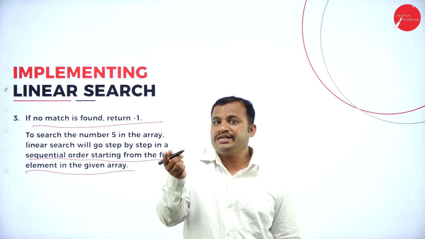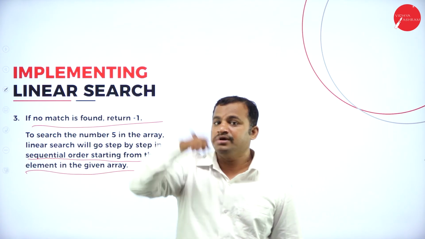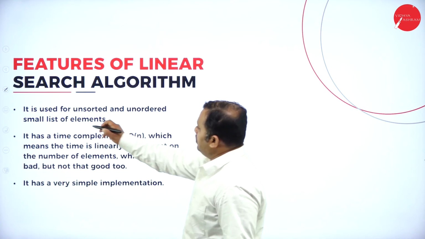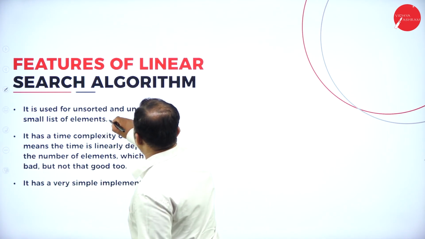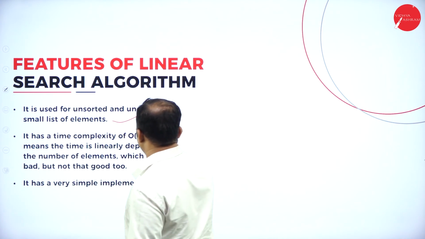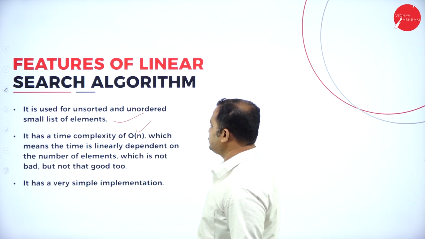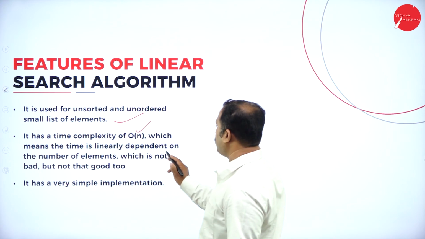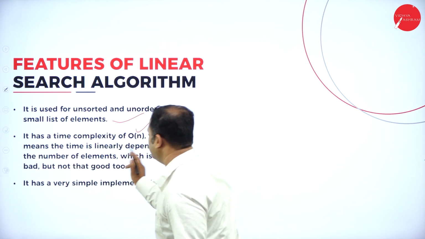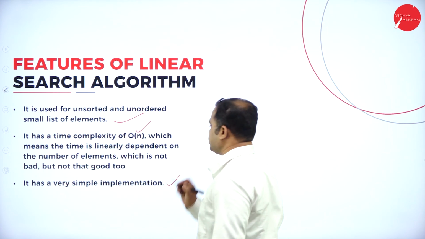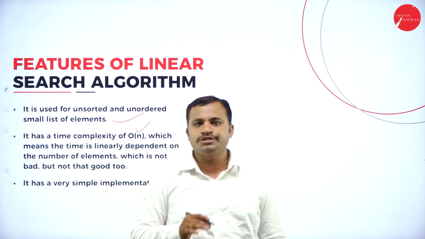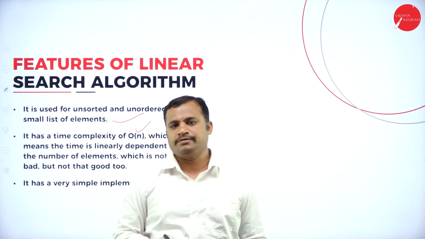You will see the distinctiveness of this linear search from other searching algorithms later in the next sessions. It is used for unsorted and unordered small lists of elements. It has a time complexity of big O of n, which means that the time is linearly dependent on the number of elements, which is not bad but not too good either. It is a very simple implementation, as I have already discussed the logic of that.